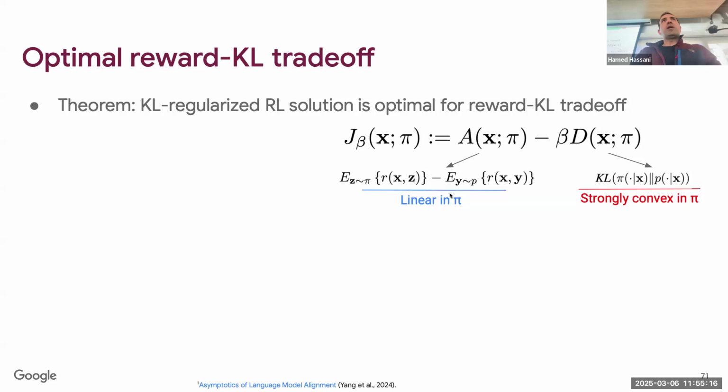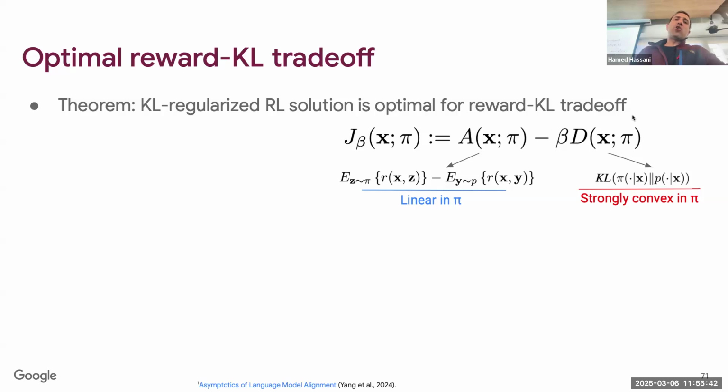Let's go back to the basics that we had here. We had this expected reward minus KL, right? We said this is linear in pi, and this is strongly convex in pi. So we can actually solve it, and we can solve it for different depths. That was the set of aligned solutions that we got.